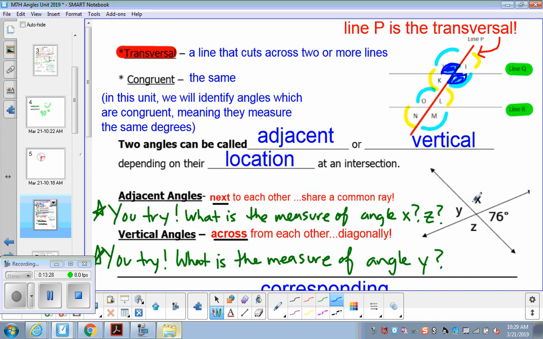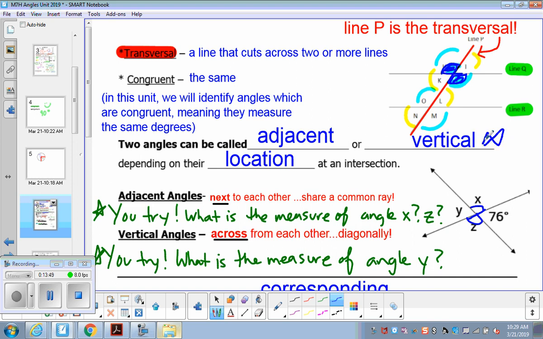So in this picture, let's just look real quickly. X and 76 are next to each other. Those would be adjacent. X is also adjacent to Y because they're right next to each other. But X makes a bow tie with Z. You see kind of the bow tie that's in there, y'all? If it makes that bow tie, that's how you know it's vertical.